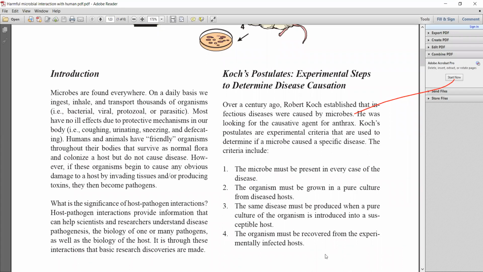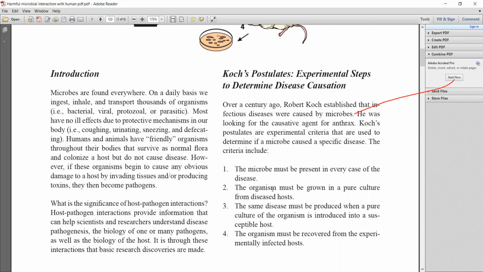Once you identify that, it will help you to diagnose the infection and the organism more properly, and also help in treatment of the patient. That is why the Koch postulate is a very important step that helps us in determining the exact microorganism responsible for causing any infection.